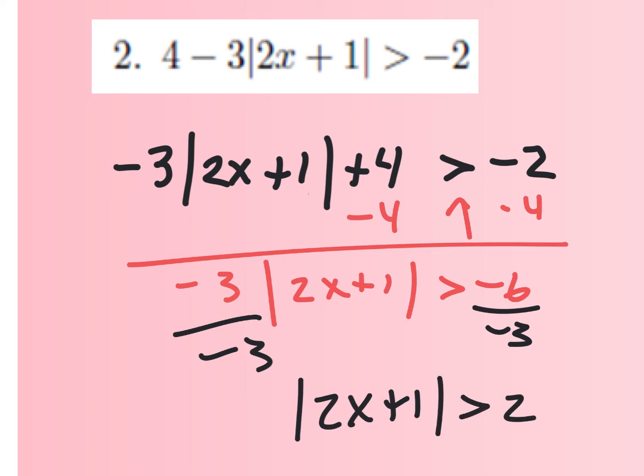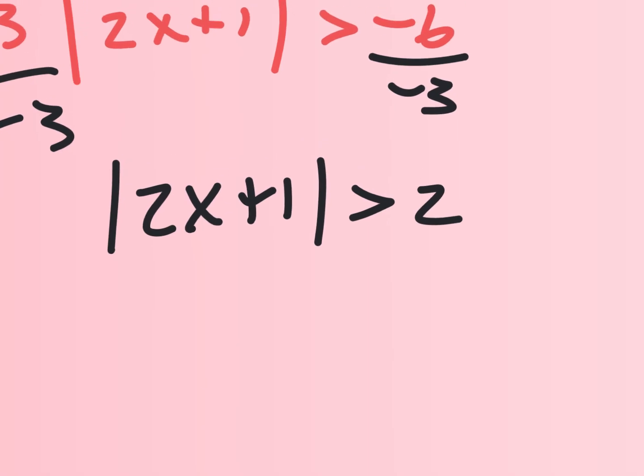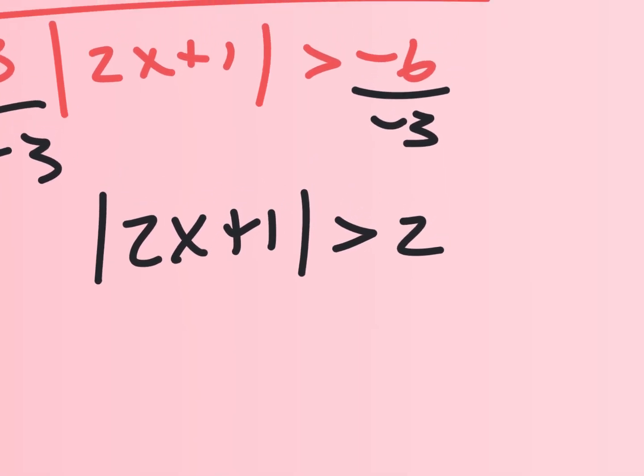Right there. Do you get it to this far? Now, what did I just do wrong? Classic mistake. Davis. You forgot to flip the sign. Yup. Divided by a negative. Because I divided by a negative, that should be a less than 2.